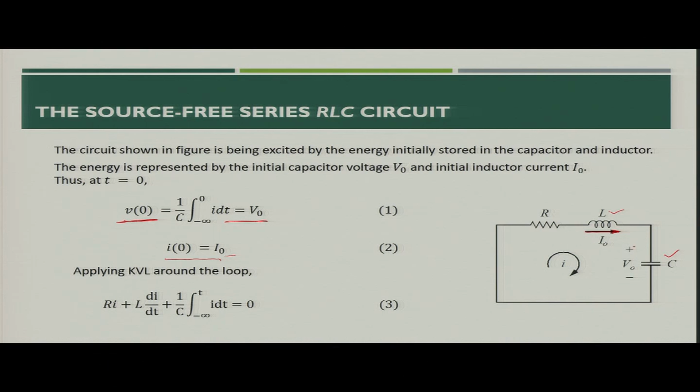Now, if you write a KVL around this loop, where we are assuming that current i is flowing in this loop, what will you write? R i plus L di by dt plus 1 upon C integral of i dt, with the integration ranging from minus infinity to t, equal to 0.